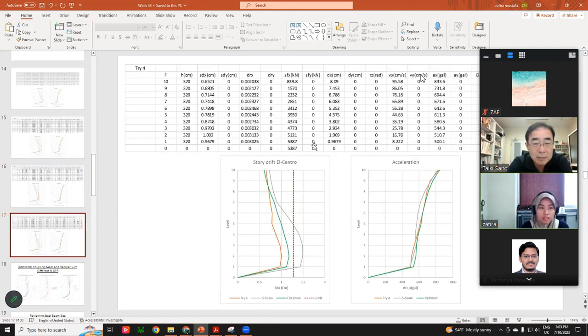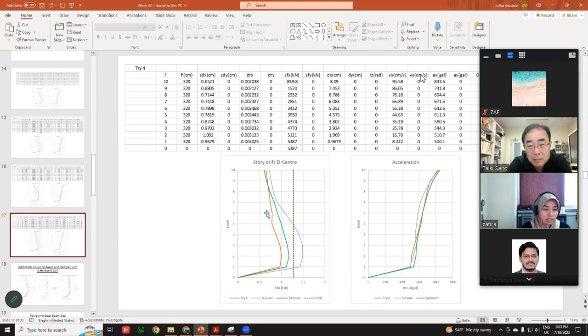And try number 4. I used the same position: in the middle we put damper, and on the top story, one damper on the 10th floor. And I also improved the wall; the bottom wall, I increased the size.